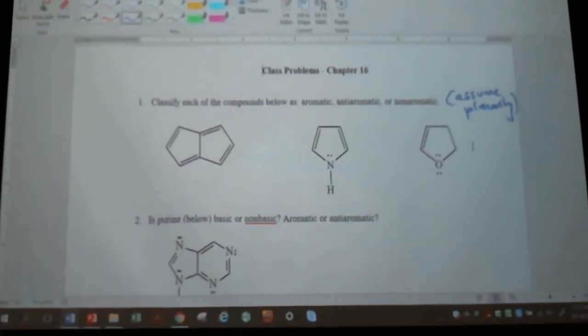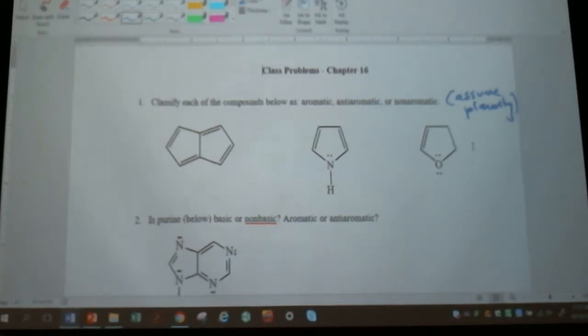That's aromatic. Not maybe anti-aromatic. First of all, to even deserve the word aromatic or anti-aromatic, I need a cycle where all the atoms are sp2 hybridized, so they all have this perpendicular p orbital, and all the p orbitals need to be parallel.